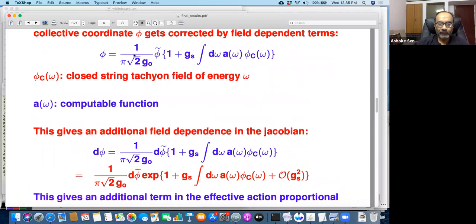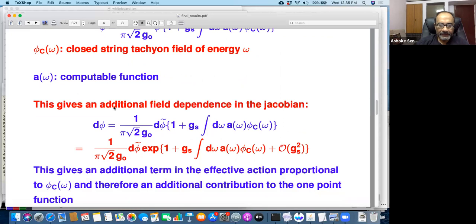So the precise relation between phi and phi tilde gets modified, where this is a computable function, which you can compute using the string field theory techniques. But this means that when you convert this d phi to d phi tilde, you have an extra multiplicative factor which you can exponentiate, and this gives a new one-point function of the closed string tachyon, proportional to a of omega.